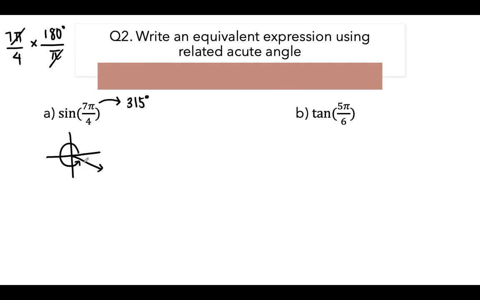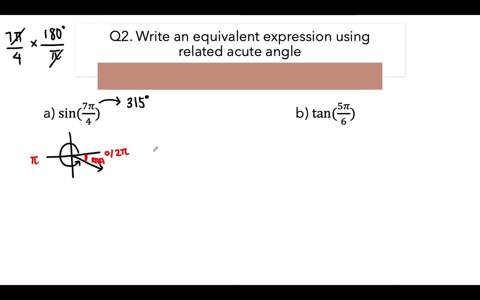But we have to find my related acute. So my related acute is always x-axis to my terminal arm. This is my RAA. So to find my RAA, remember I told you to only use the x-axis angle, which is pi, 0, and 2 pi.